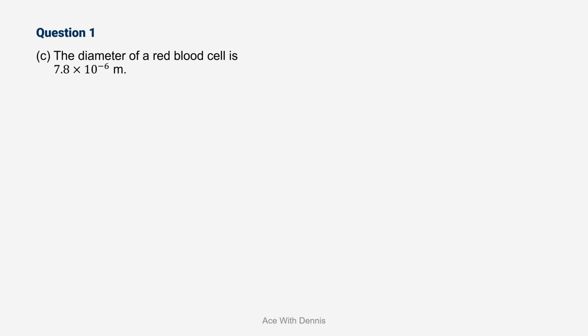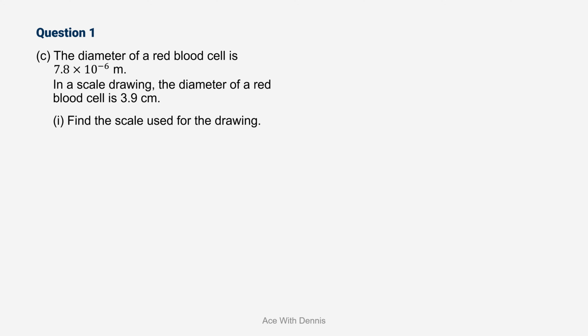C. The diameter of a red blood cell is 7.8 times 10 to the power of -6 meters. In a scale drawing, the diameter of a red blood cell is 3.9 cm. 1. Find the scale used for the drawing. Give your answer in a form n to 1. 2 marks. So to determine the scale, we'll take the length on the drawing divided by the actual length.